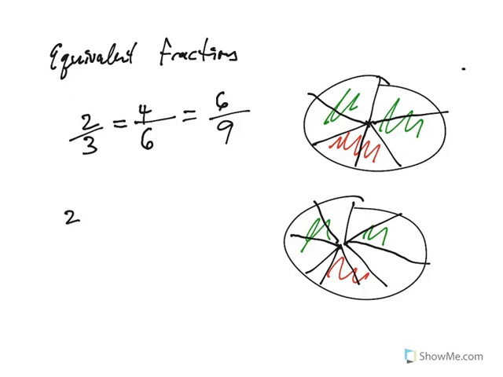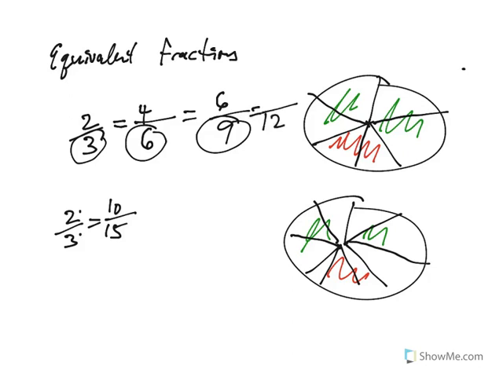Maybe we get the idea that if you multiply the top and bottom by the same number, like if I multiply top and bottom by 5, I get another equivalent fraction. Notice how this denominator ends up being a multiple of 3. So I can't turn 2/3 into fifths very easily, but I could turn it into 6ths or 9ths or 12ths by multiplying both by 4.